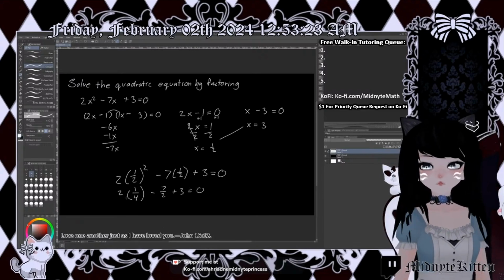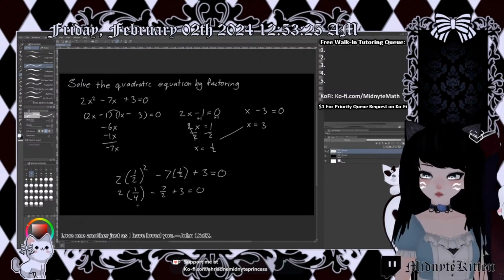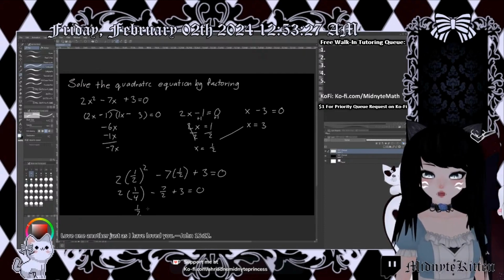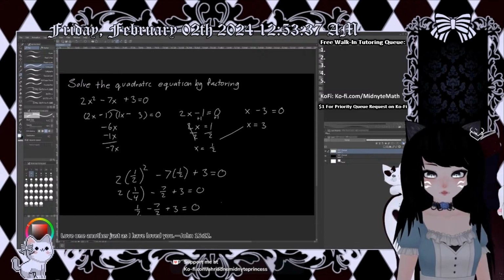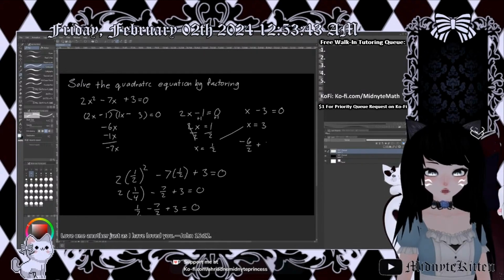Now we reduce this to 1/2 minus 7 over 2 plus 3 is equal to 0. 1 minus 7 is negative 6. So negative 6 over 2 plus 3 is equal to 0.